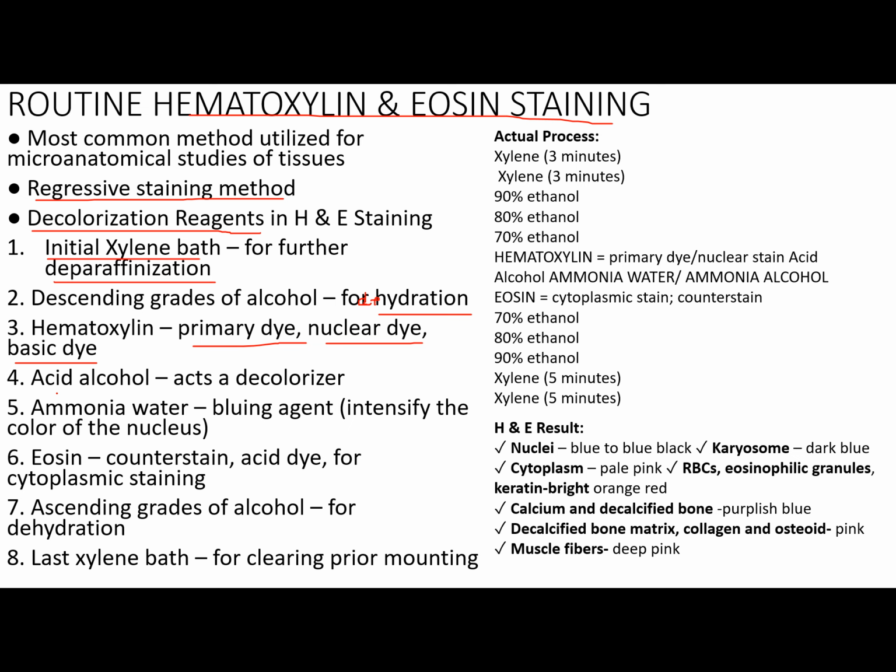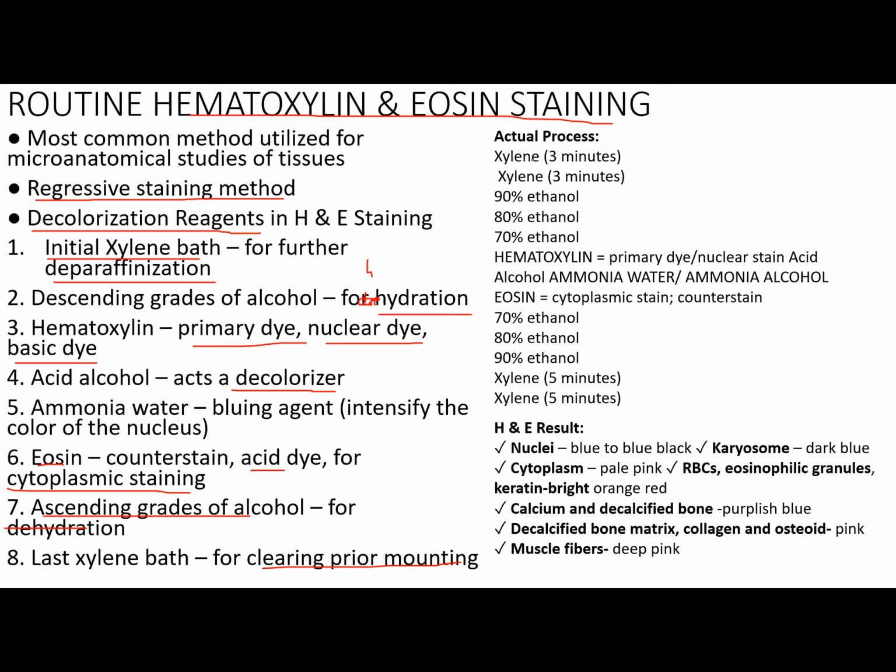Then you would use acid alcohol, which acts as a decolorizer, and ammonia water, which is a bluing agent, intensifying the color of the nucleus. Then you would use a counterstain, eosin, which is an acid dye for cytoplasmic staining. Then you would use ascending grades of alcohol for dehydration. Last, xylene for clearing prior to mounting.